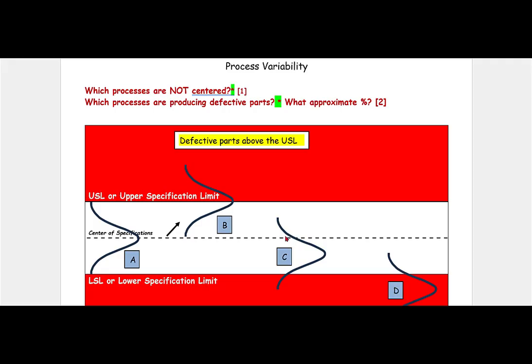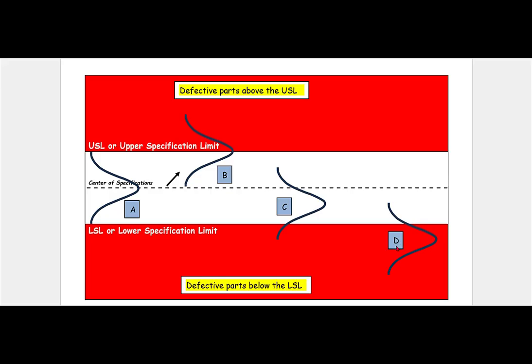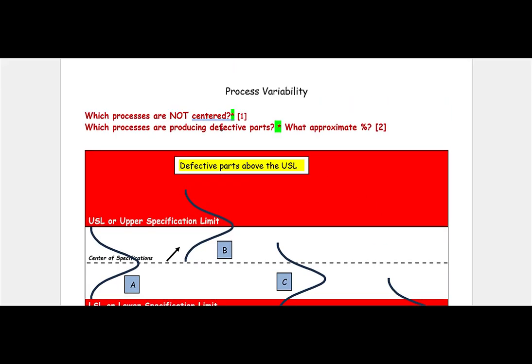This one is better, but it's still not centered. It's below. It should be right here. And we're making, maybe 10% bad product. This one is even worse. We're probably making 70, 80% defective product. Again, all that we are really looking at, for this part of it, is where the center line is.